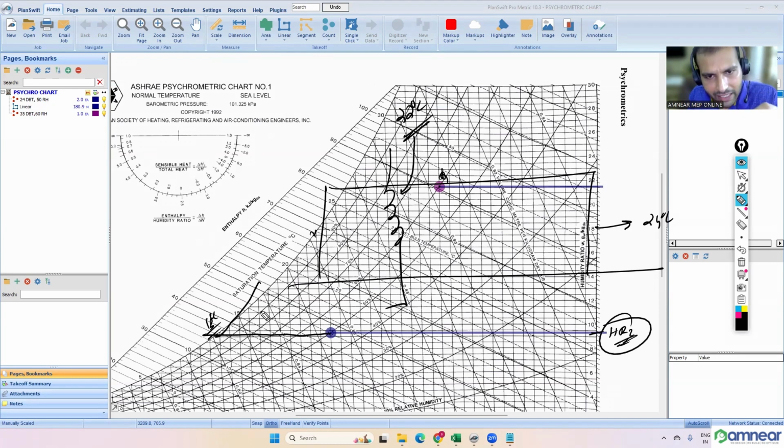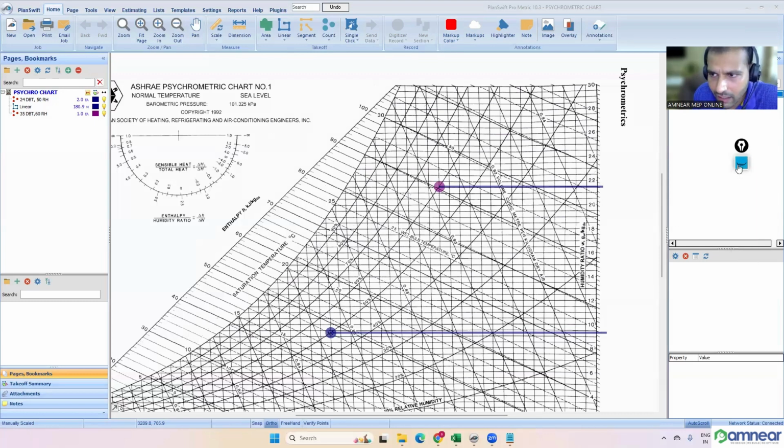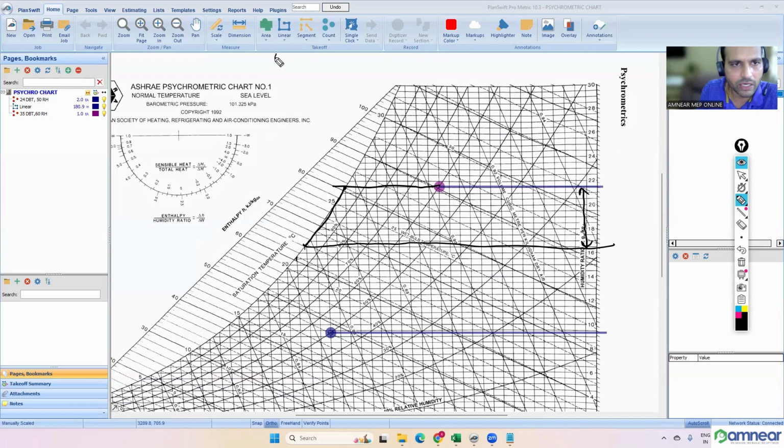But as per the space criteria, I need 24 degrees Celsius. So the surface temperature of the cooling coil, let's say, might be 1 or 2 degrees Celsius less than the space criteria. So the air will be entering at humidity ratio 1, and the dehumidification will be happening up to this point, around 26 degrees Celsius it will start, but the surface temperature of the coil is like 21, 22. Up to this point, the coil will take care of the dehumidification.